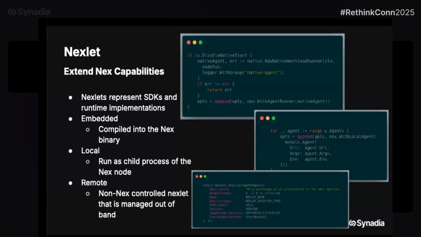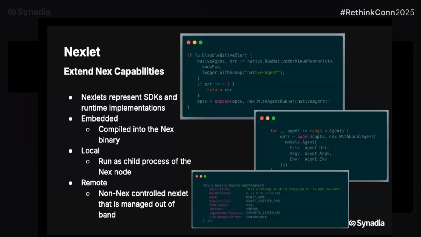So we thought, how do we get Nex as far out to the edge as we can when it doesn't make sense that the control layer is running out there as well. So we created a way that you can compile a Nexlet, make it aware that it will be connecting remotely.